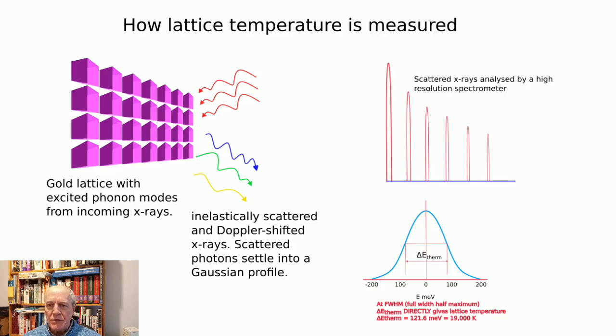So, to summarize the work discussed in this video, the group managed to achieve superheating using X-rays. Those X-rays were injected into the metal at very high transfer rates, and furthermore they could directly get the temperature from analysing the scattered X-rays.